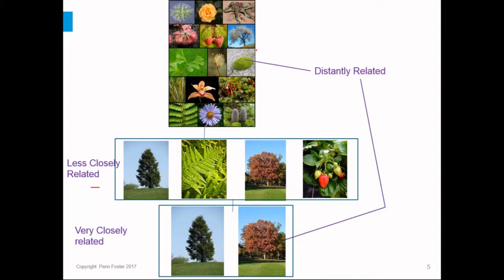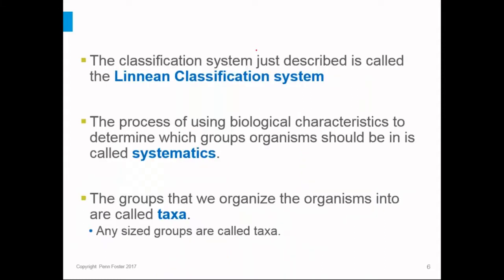So that's the basic idea, and the system just described is called the Linnaean classification system. The process of using biological characteristics to determine which groups organisms should be in is called systematics. And the groups that we organize the organisms into are called taxa. So any size group could be called a taxa.